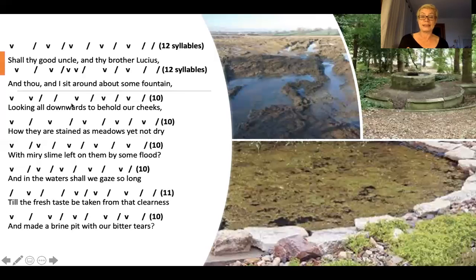And what that does is actually put an emphasis on looking and on the speed of looking and on the intensity of the emotion, and then "all downwards," the long beat, the dums on those allow us to go down into the words. You don't have to change the scansion like this at all. It is absolutely okay to have "looking all downwards to behold our cheeks," but it does seem just a little bit fake. So keep that up your sleeve as an option.